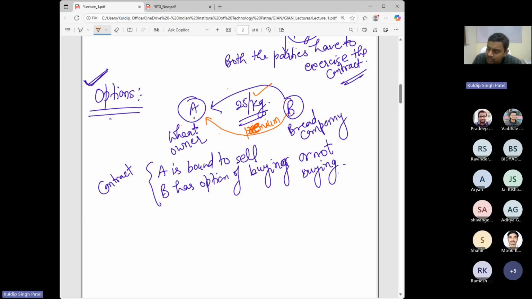A has a loss of 2 rupees per kg, but A has already taken the premium. So the whole idea is that B pays some premium to A for this extra leverage, and this premium is called the option price.